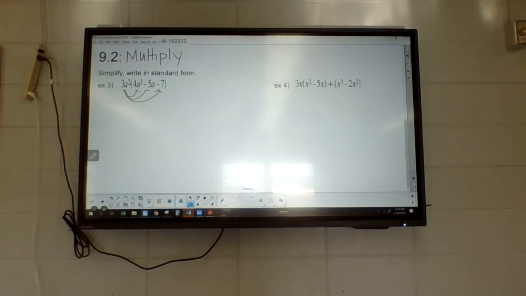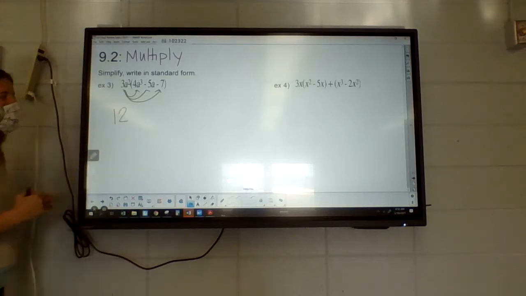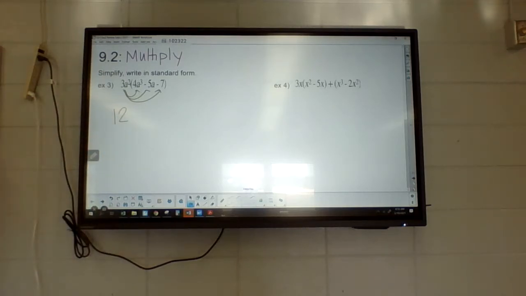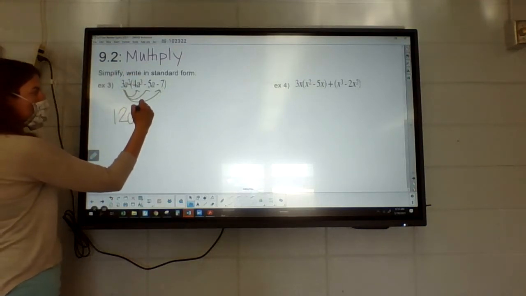So we're distributing to all those terms. So 3a to the second times 4a to the third. 3 times 4 is 12. And then the exponents, a becomes what? A to what power? The fifth. Very good. You add those exponents here.